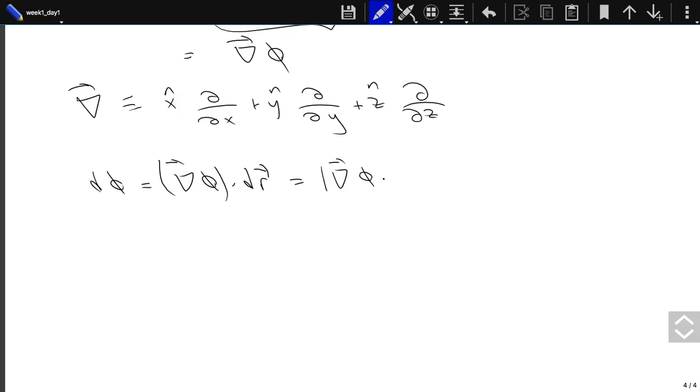Magnitude of the first one, the magnitude of the second one, cosine of the angle between the two. Now let's just imagine that we fix dr to some constant, very small value, but we just change its direction. The magnitude is fixed, but we are changing the direction.